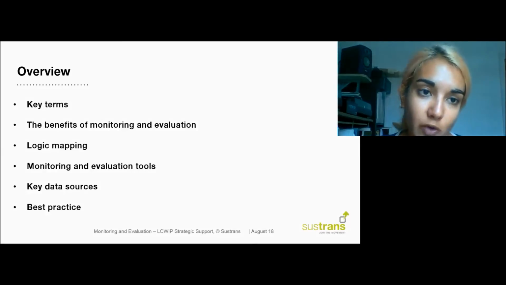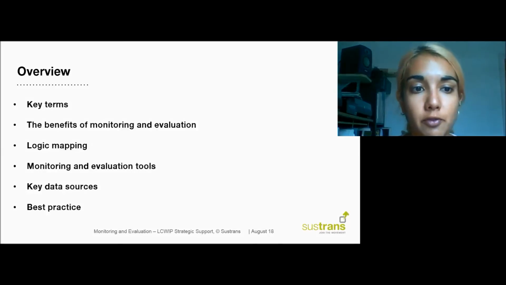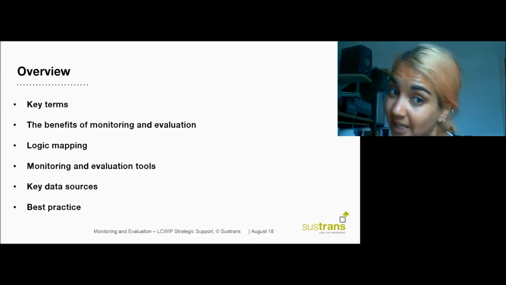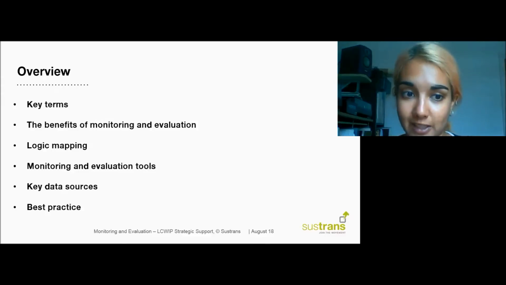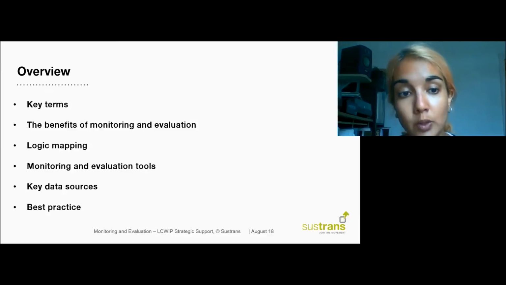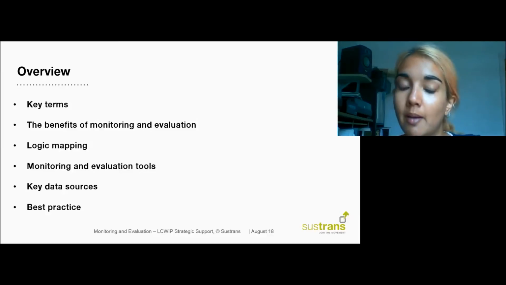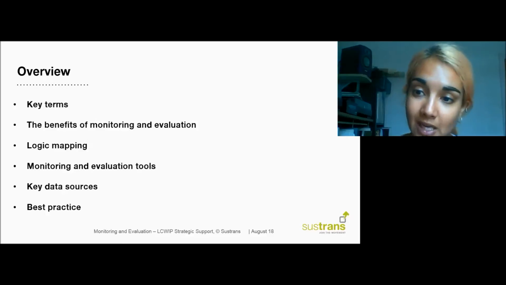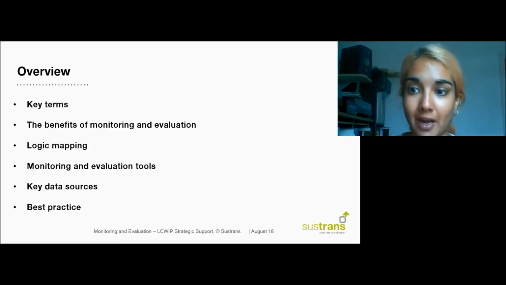In terms of the structure of the presentation, I'm going to go through some key terms related to monitoring and evaluation, talk a little bit about the benefits and why you want to invest in monitoring and evaluation of active travel schemes. I will introduce logic mapping as a tool that can be used to structure monitoring approaches, take you through a range of typical tools, including some of their advantages and disadvantages, introduce some key data sources, and highlight some best practice.